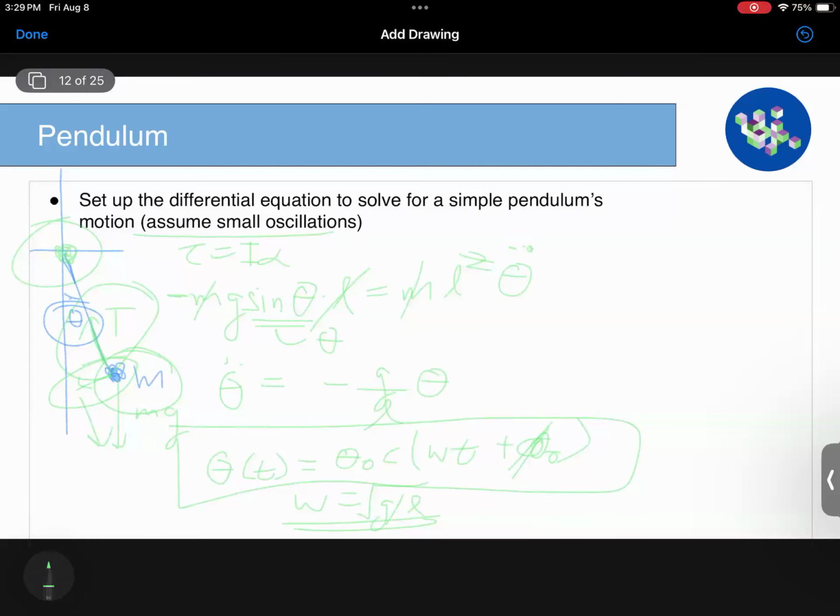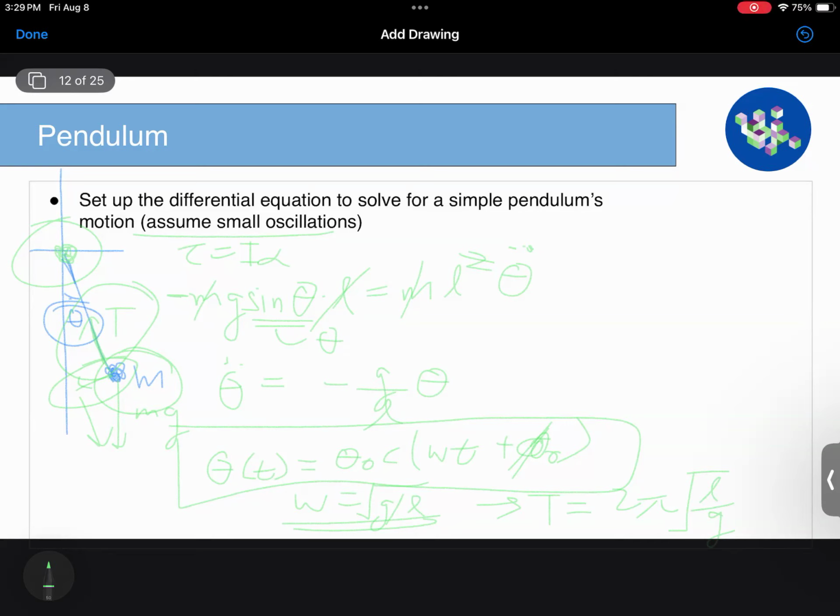So this is basically how you derive it. Another result is the period, which is 2 pi over omega, or 2 pi square root of L over g. So that's solving the differential equation for the pendulum's motion.